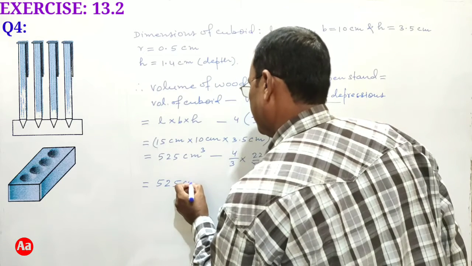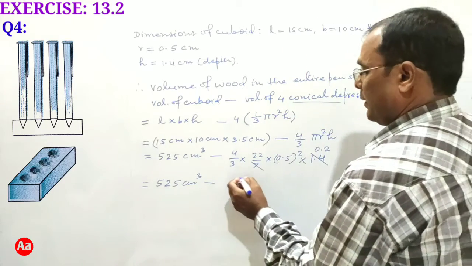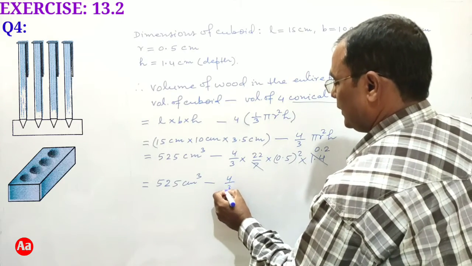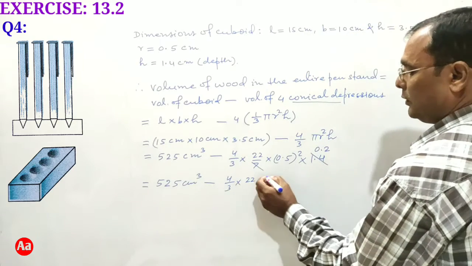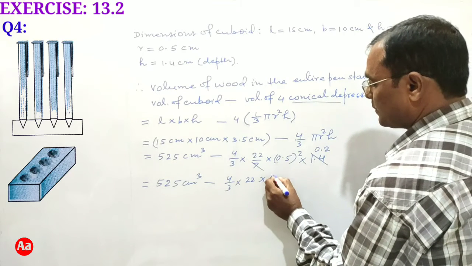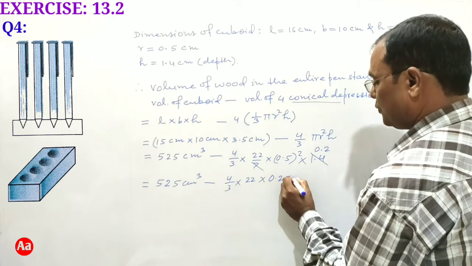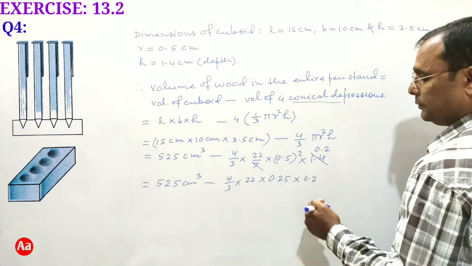525 centimeter cube minus 4 by 3 into 22 into 0.5 whole square, 0.25 into 0.2.